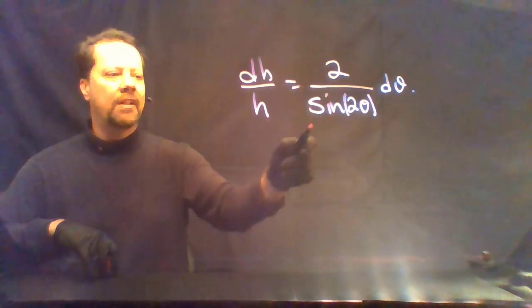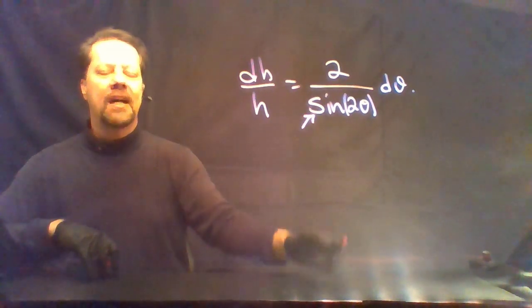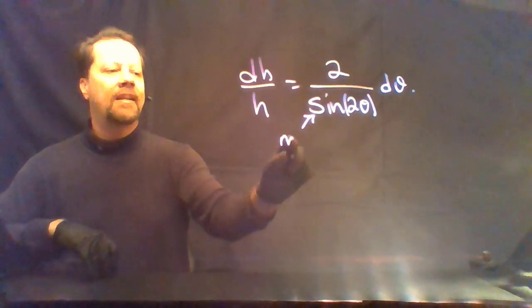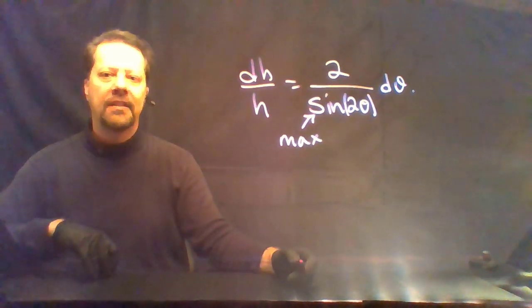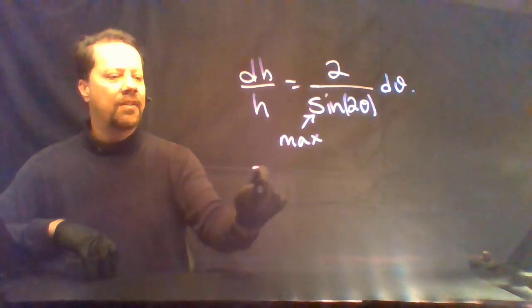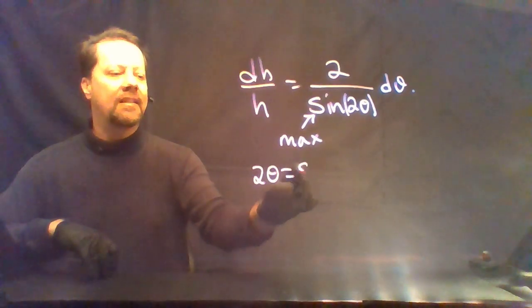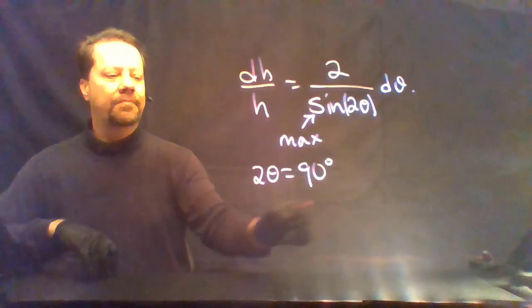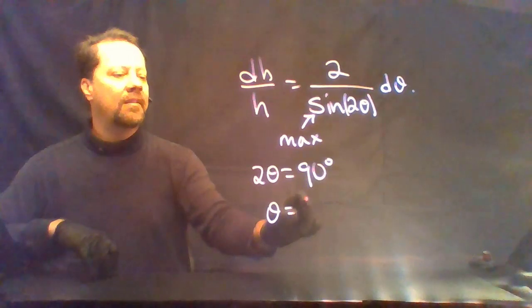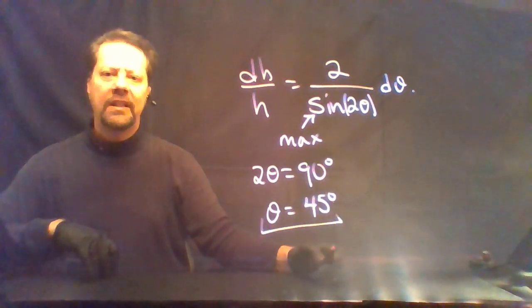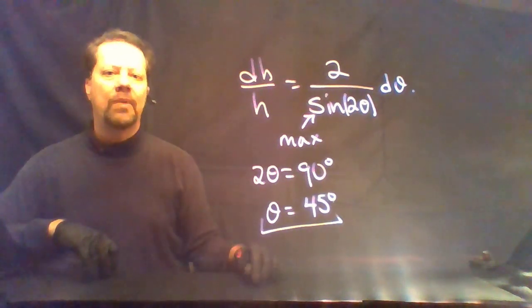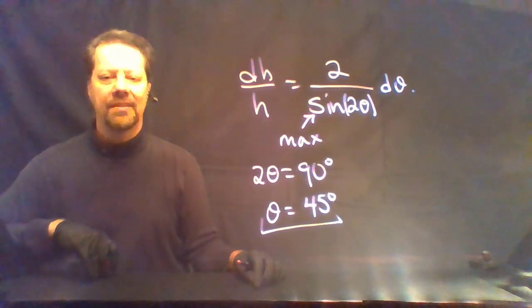We can minimize the relative error by making the denominator of this fraction a maximum. The maximum of the sine function is 1, and that occurs when the angle going in is 90 degrees. That means a theta value of 45 degrees would give us the smallest relative error in our height calculation.